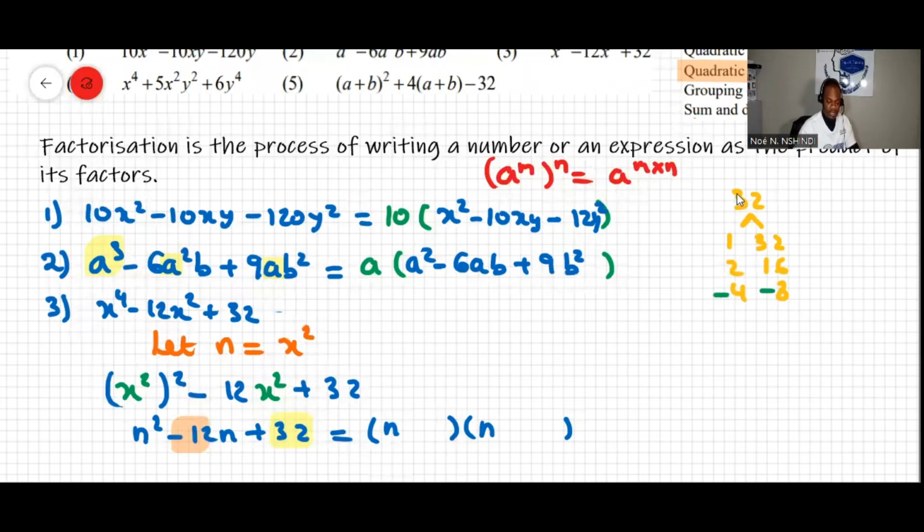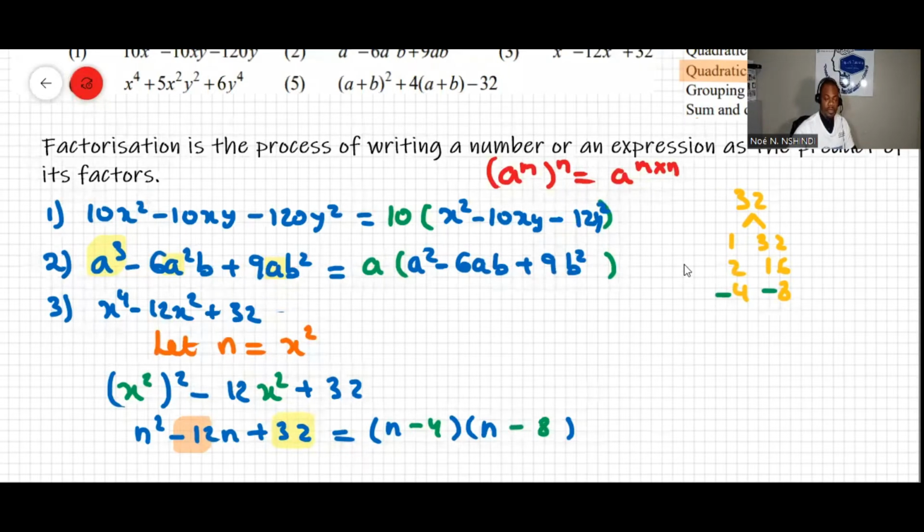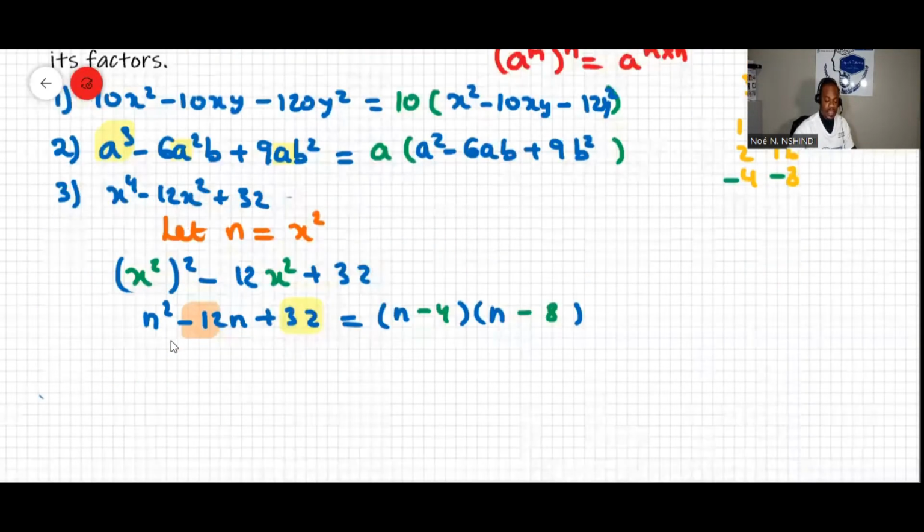So over here, I can place in negative 4 and then negative 8. Now, remember, we were not supposed to solve n squared minus 12n plus 32, but x to the power 4 minus 12x squared plus 32. We just let x squared be equal to n to make our problem a bit easier. Now we can substitute back the value of n. So this is equal to x squared minus 4, and then x squared minus 8.